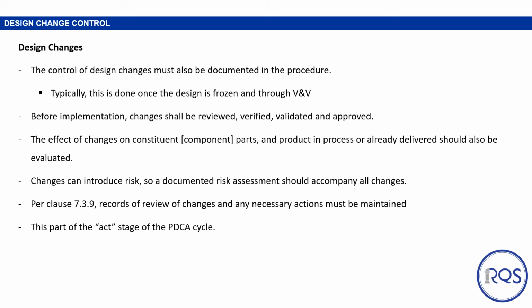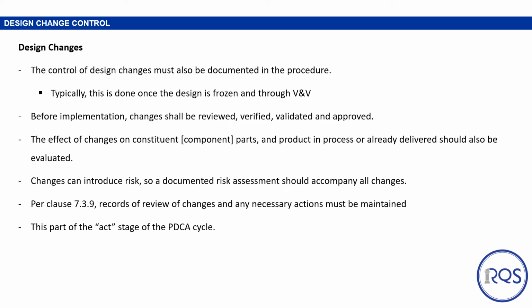We will now discuss design change control. The control of design changes must be documented in a procedure. Design changes typically are done once the design is frozen and occur during verification and validation. Before implementation, changes shall be reviewed, verified, validated, and approved with documentation of each.